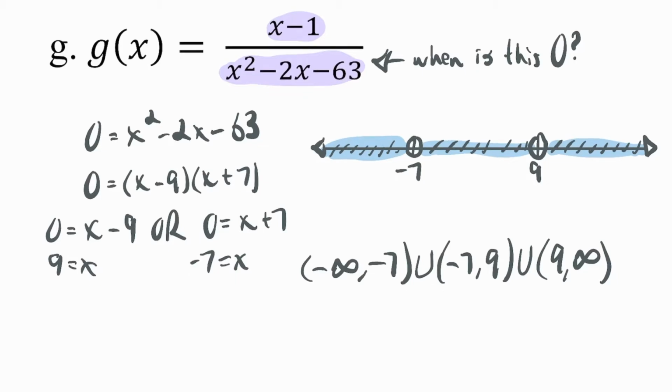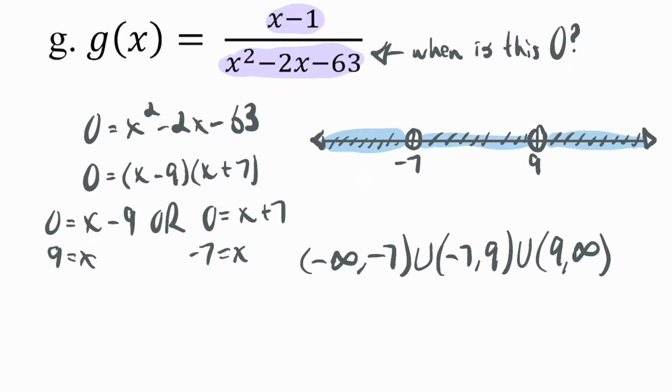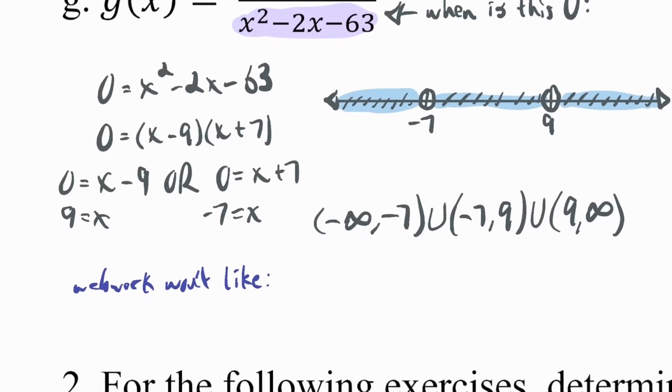I'm hesitating to point it out, but I'll go ahead and say, okay, WebWork will not accept this, but here's other notation. So WebWork won't like this. But this is other notation that you will see probably in pre-cal and Cal 1.